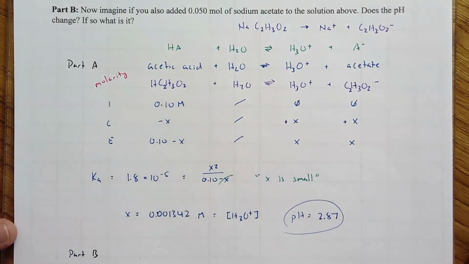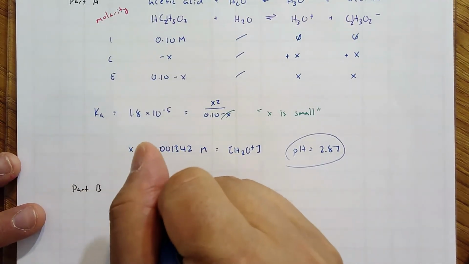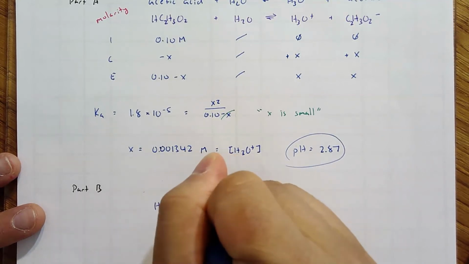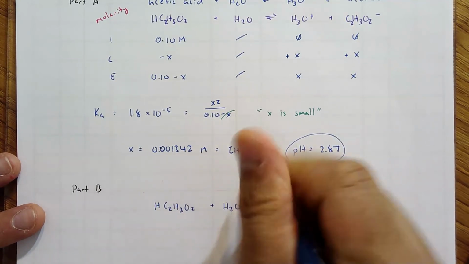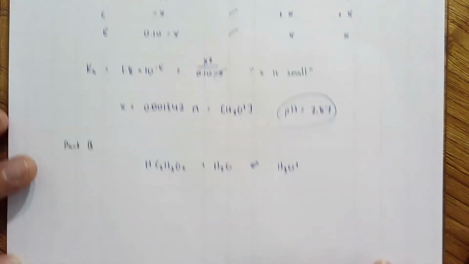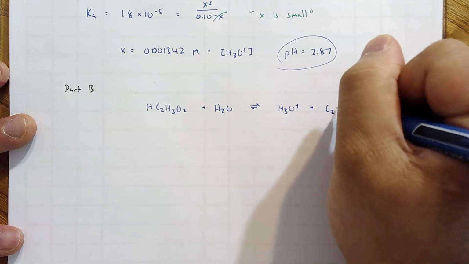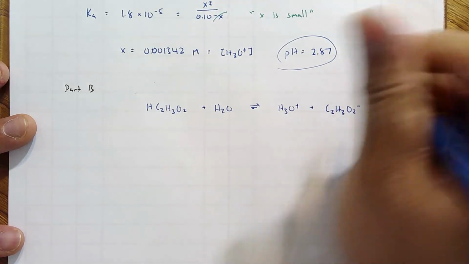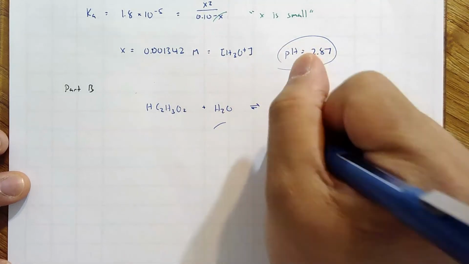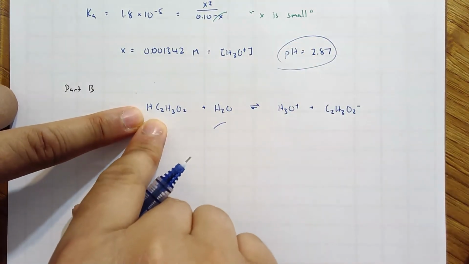So how do we set this up? We have our equation of the acid, same equation that we used for part A. But the twist is, let me just get the concentration of the acetic acid.